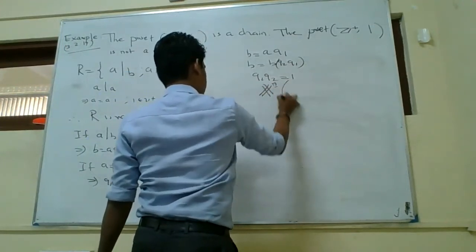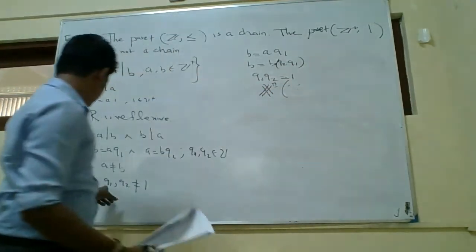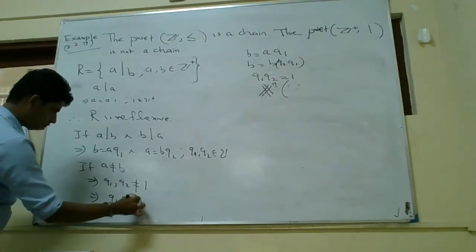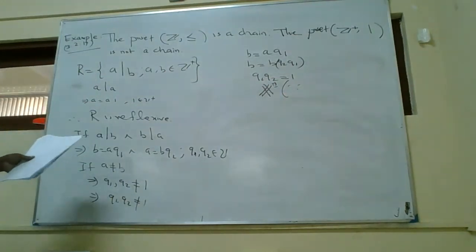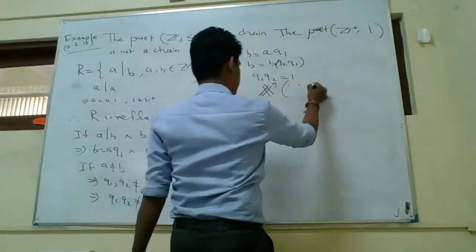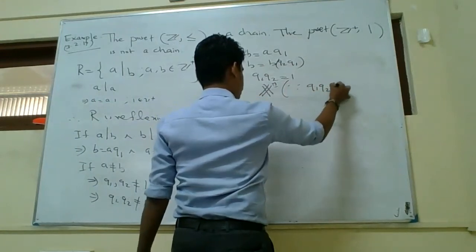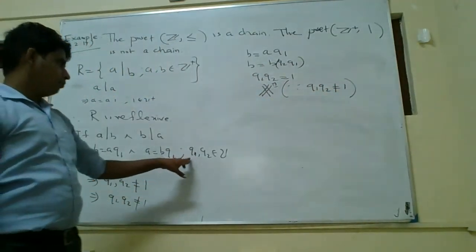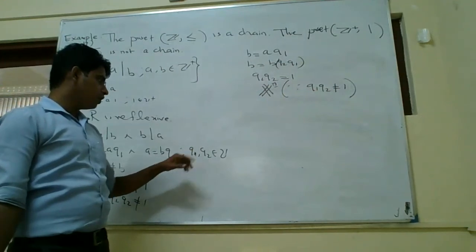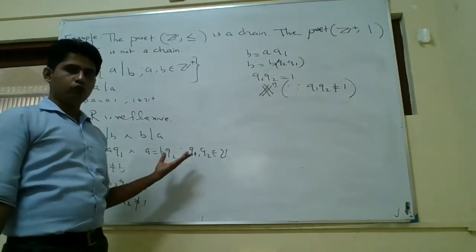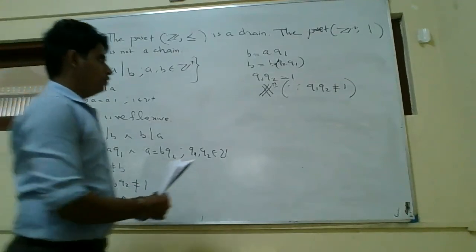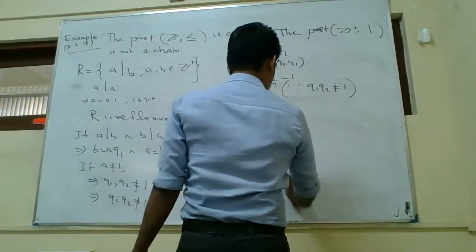Because we assumed Q1, Q2 not equal to 1, so the product is also not equal to 1. Here there is no fraction part, both are integers. If we take the product, like 5 times 5 is 25, it is not equal to 1. Therefore Q2 is also not equal to 1.